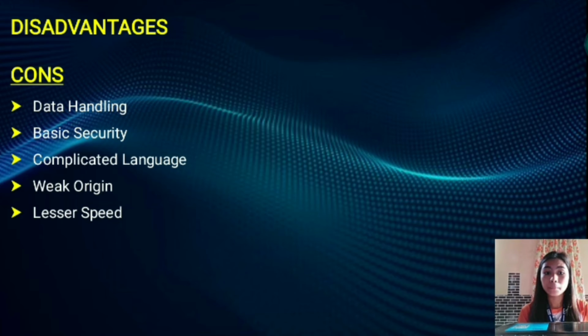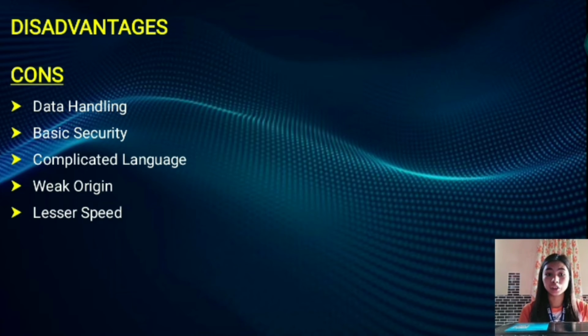Next is complicated language. Yes, it's complicated. R is not an easy language to learn. Due to this, people who do not have prior programming experience may find it difficult to learn R.